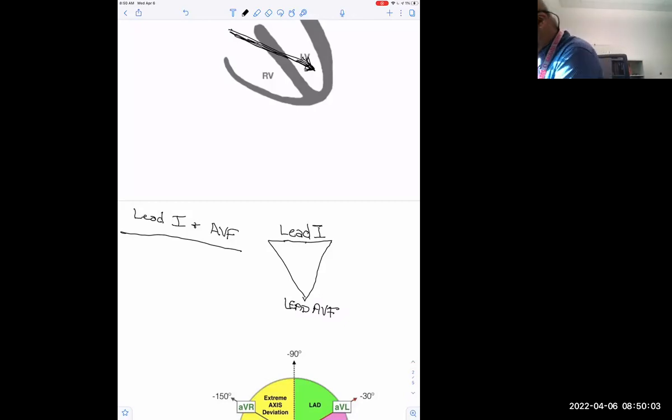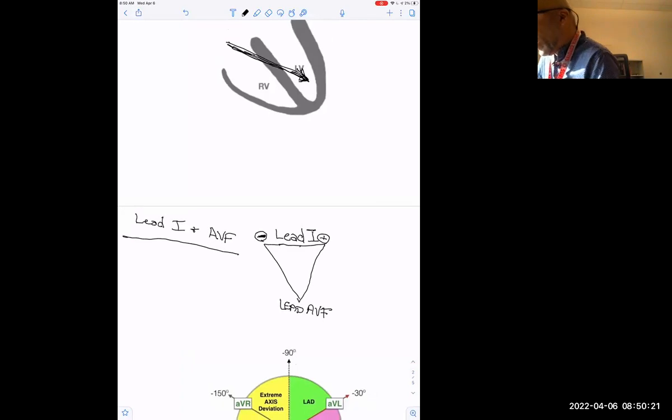So remember that we said that you have your leads and they have, for want of a better word, electrical poles. All right? And we remember that the negative pole of lead 1 is located on the right shoulder, and the positive lead of lead 1 is located on the left shoulder.